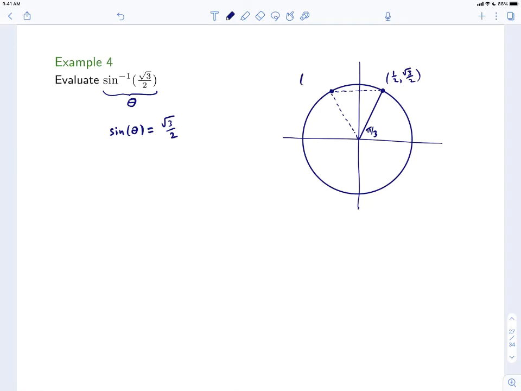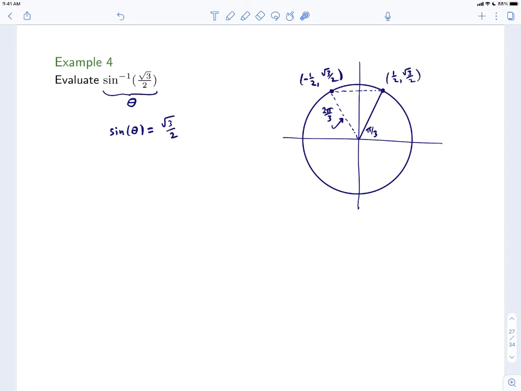In this case, the x coordinate is minus 1/2, and this angle is 2 pi over 3. That's this angle there. So there are two values of theta, two angles where the y coordinate is square root of 3 over 2, but in fact there are infinitely many because I could just keep going around the circle as many times as I want. Now, we're only interested in one because we're looking at the inverse of sine.